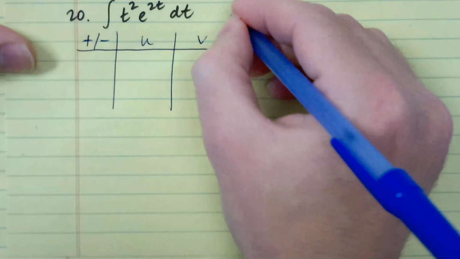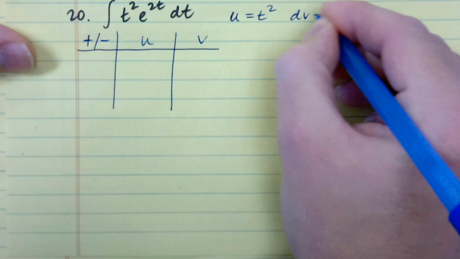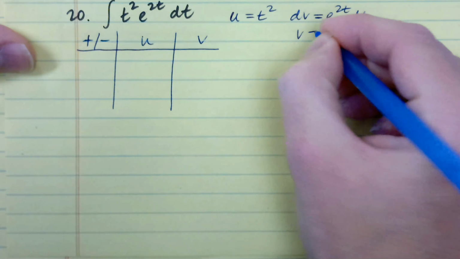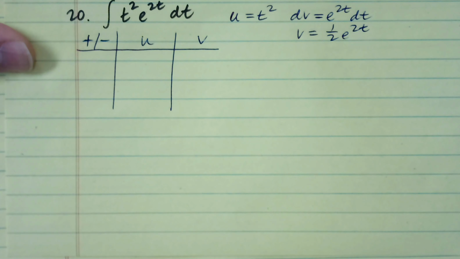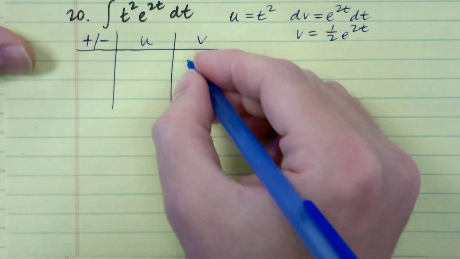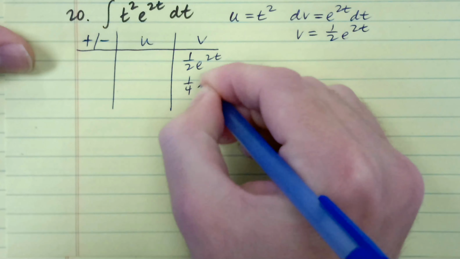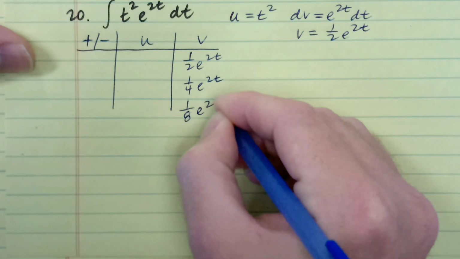And I know that because u equals t squared. So I'm going to have u equals t squared. I late algebra before exponential. dv equals e to the 2t dt. So that means v is 1/2 e to the 2t. Did we not just do this one? Oh okay, no, it was similar. So 1/2 e to the 2t, 1/4 e to the 2t. I think I'm going to need 3, but worst case scenario, I'm just multiplying by 0.